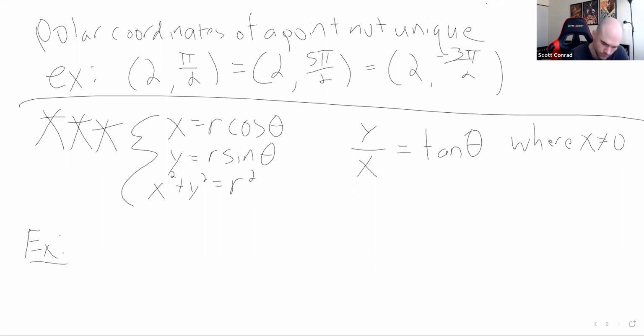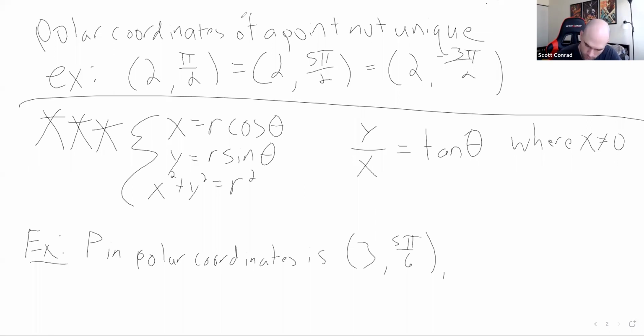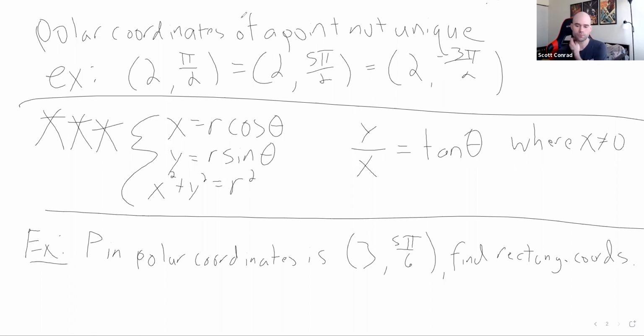So for example, if we have a point P in polar coordinates written as 3, 5 pi over 6, let's find the rectangular coordinates of P. Okay, so we know the polar coordinates. 3 is r, theta is 5 pi over 6.